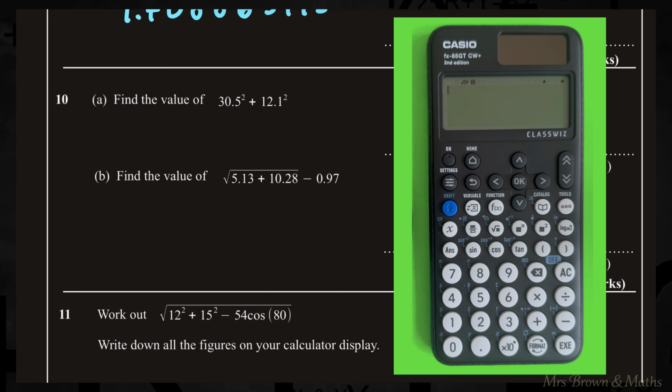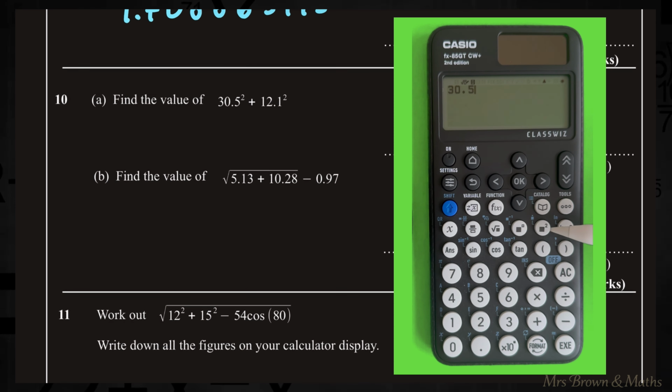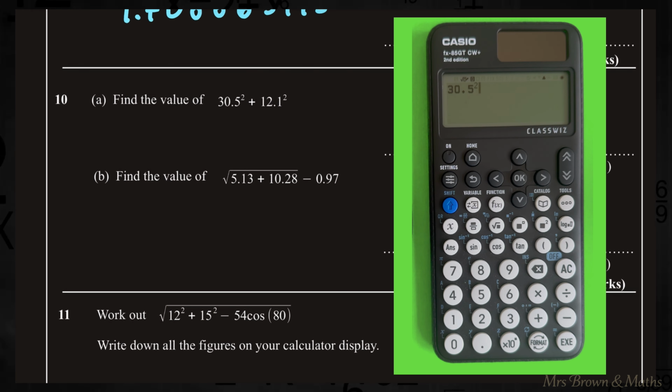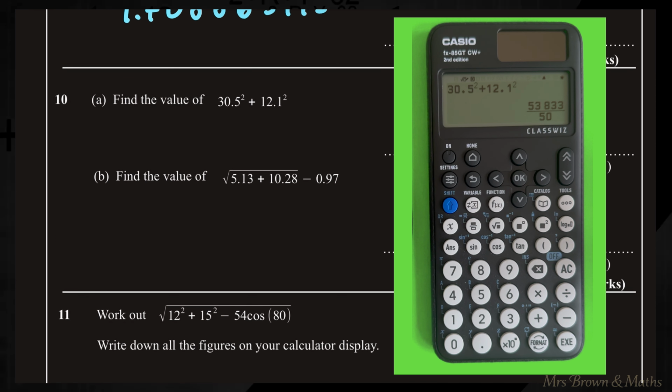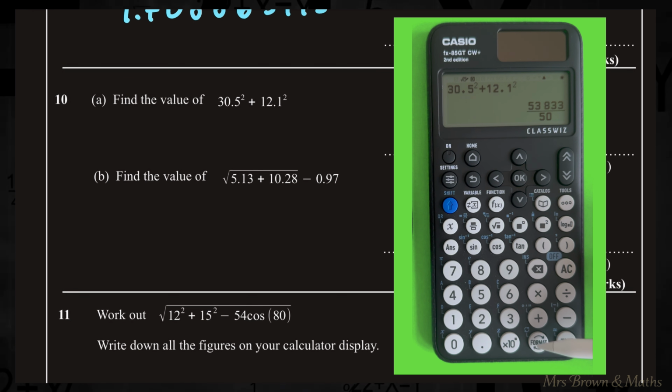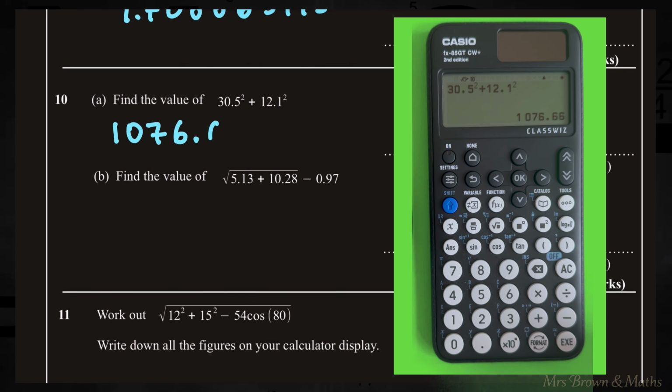Question 10. 30.5 squared, use the button squared, plus 12.1 squared, again squared. Answer, we have to format, and the final answer is 1076.66.